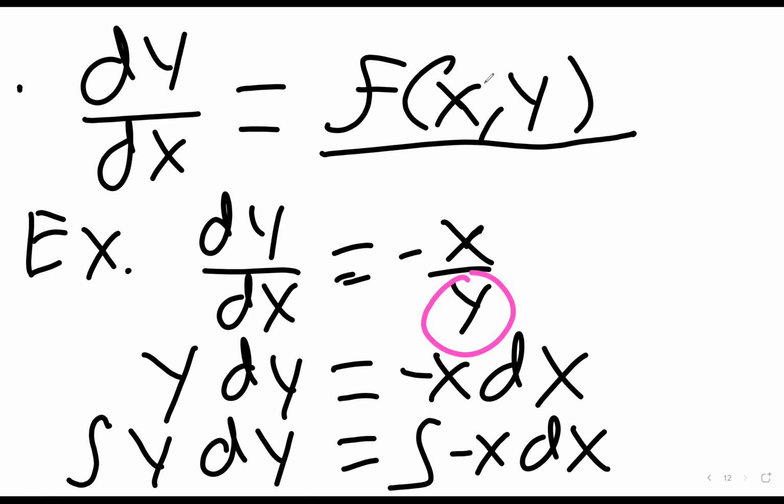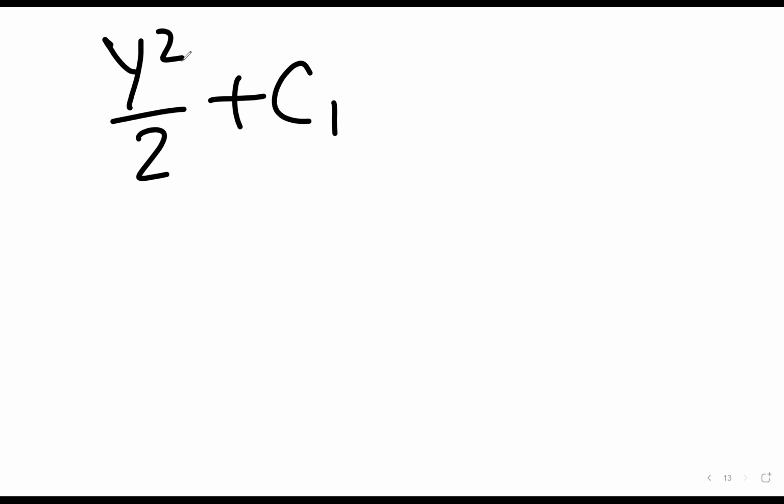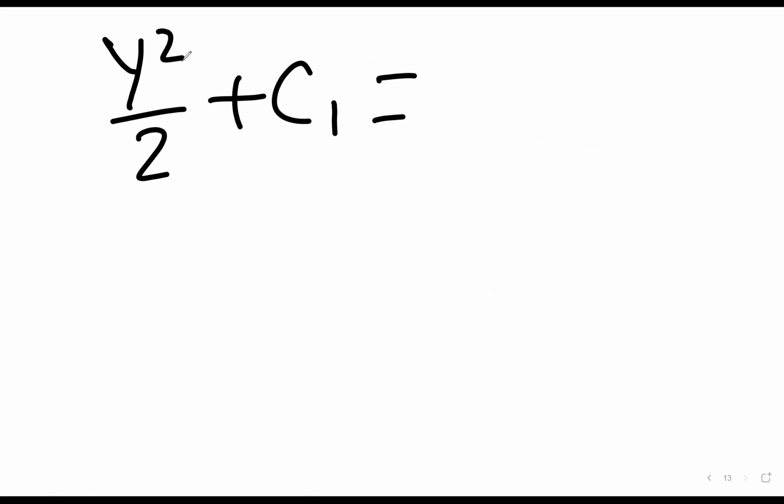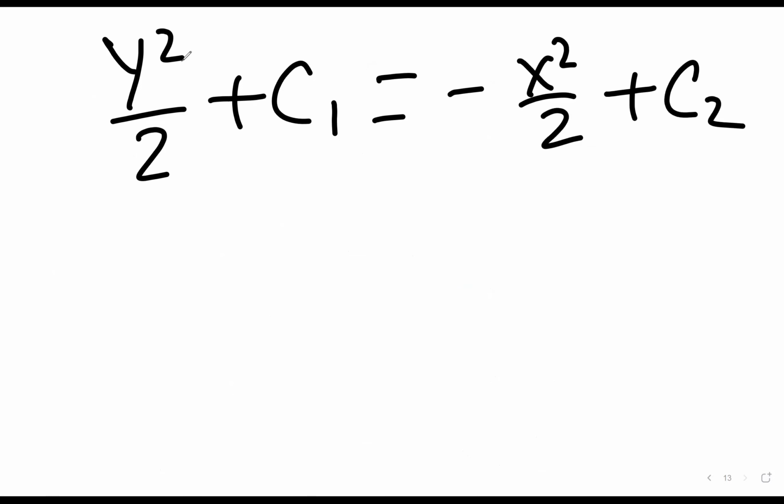Okay, so we have integral y dy equals integral minus x dx. So of course the integral of y dy is y square over 2 plus, let's say, the first constant, and then on the right hand side I have the integral of minus x. Its integral is minus x square over 2 plus, let's say, a second constant.